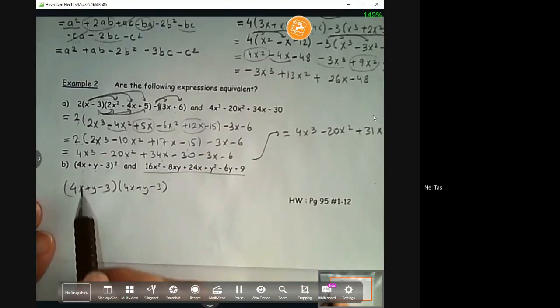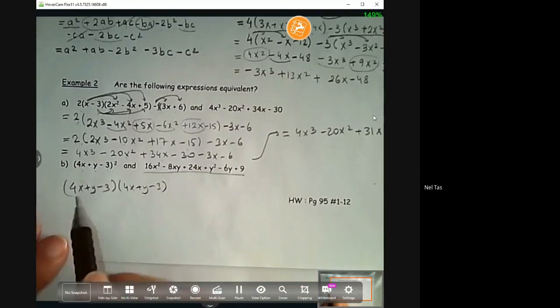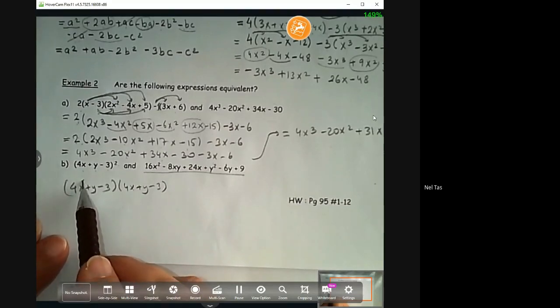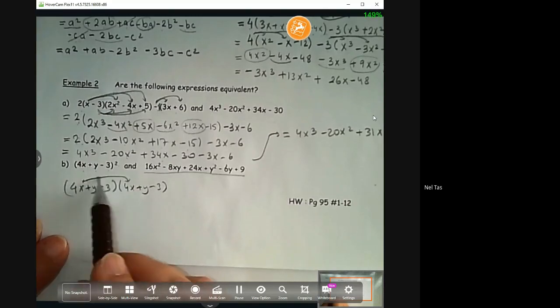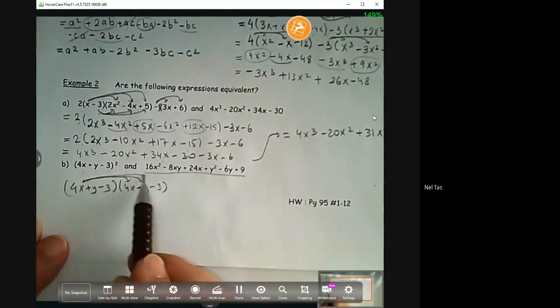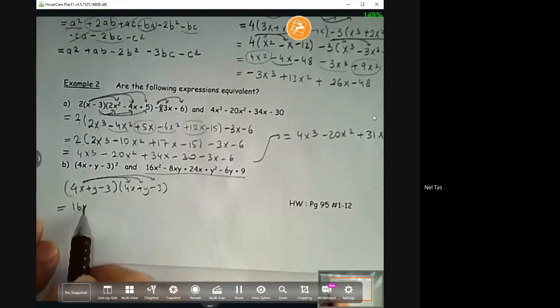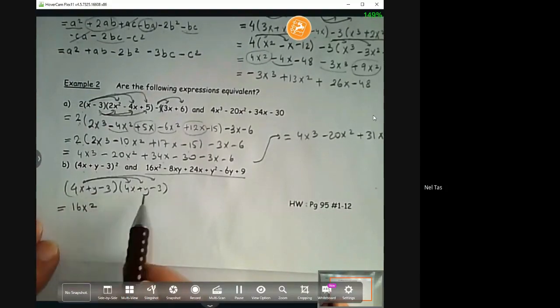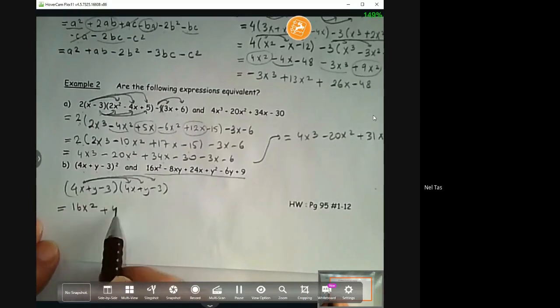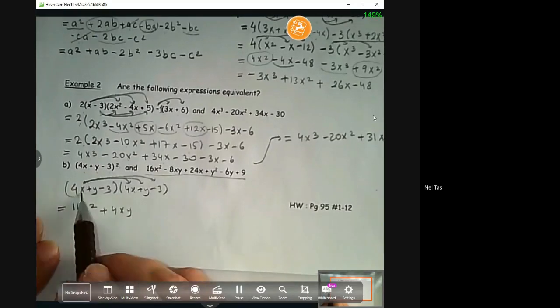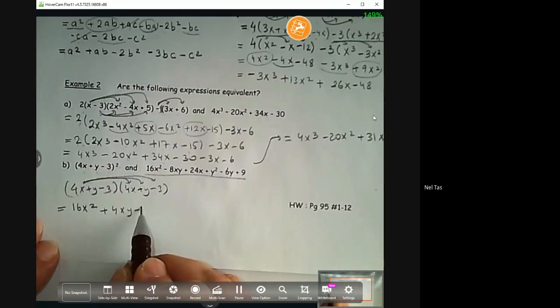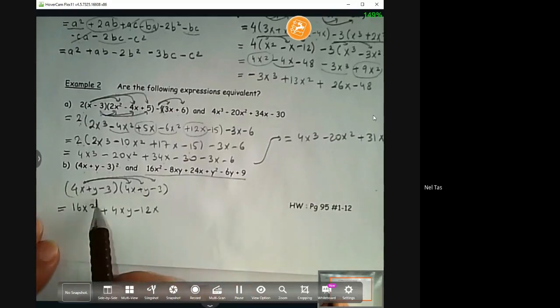So you take again every term from the first bracket and multiply every term in the second bracket by those. Okay, so I'm gonna take the first term from the first bracket and multiply all three terms by that. So 4x times 4x, 16x squared. 4x times y, 4xy. 4x times negative 3, negative 12x.